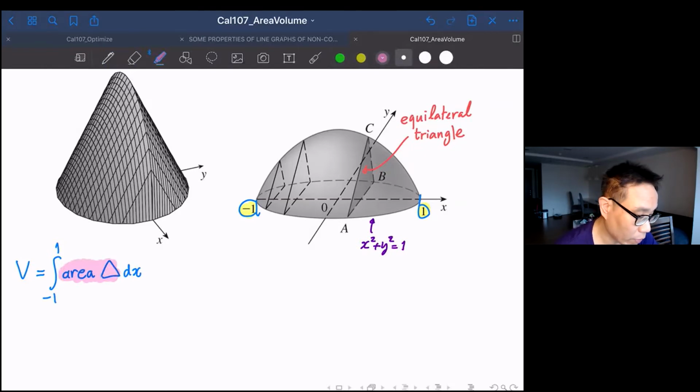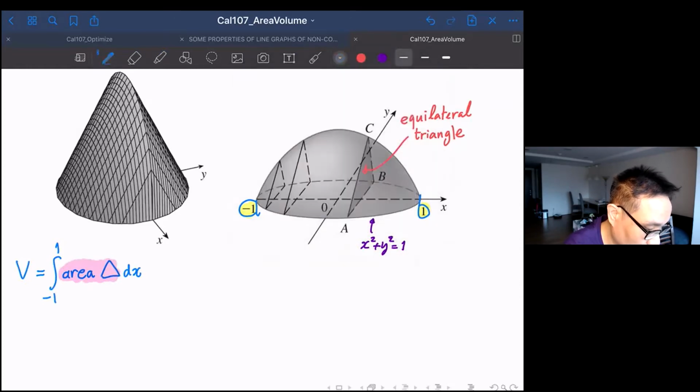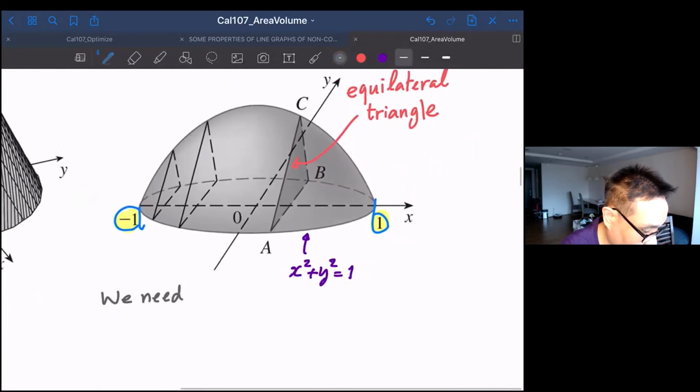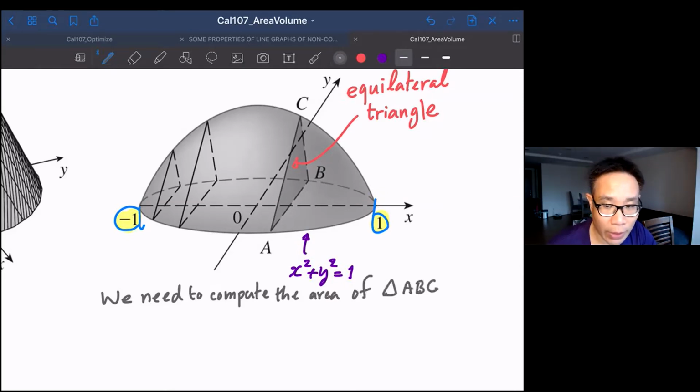So in order to compute it, let me write down: we need to compute the area of the triangle ABC, which is going to be our cross section.